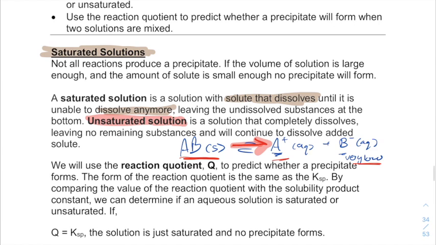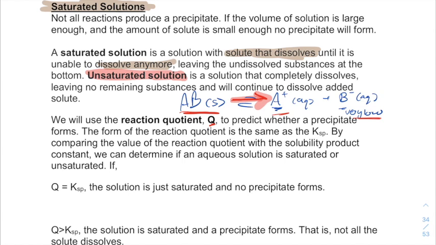Now we can use the same idea as the reaction quotient, the Q, as a test of the equilibrium condition to see if you are at or below the KSP or above the KSP. So if we are able to determine the concentrations of the ions in solution, we can then fulfill this equation, the general form here.